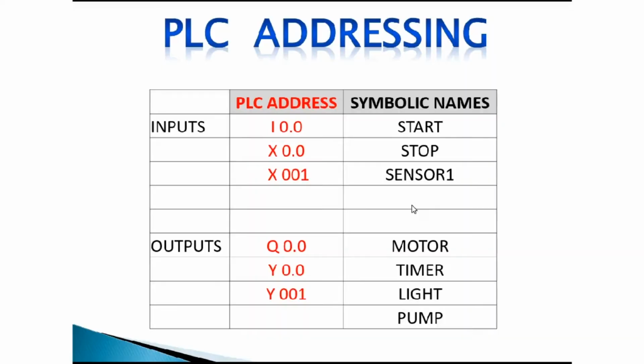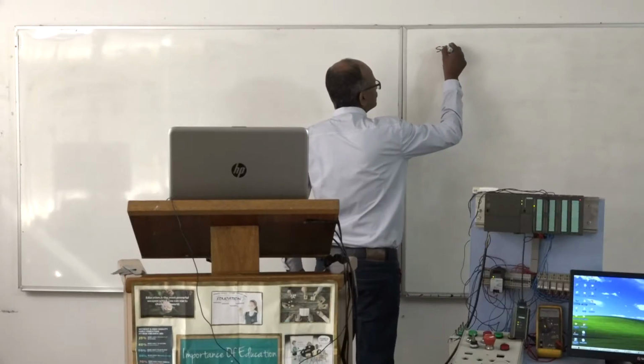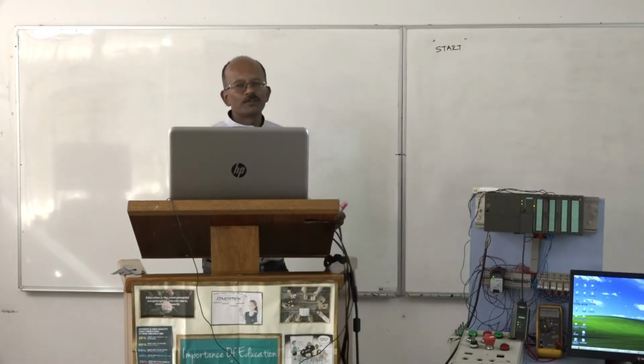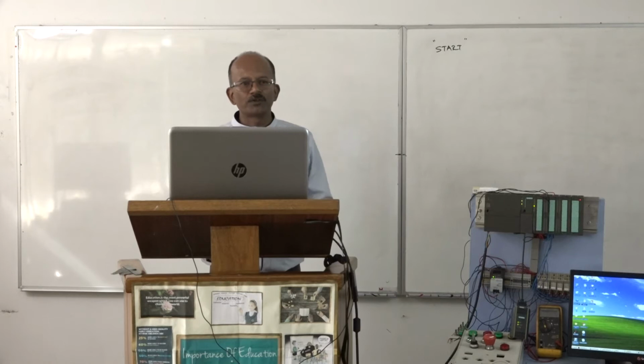All right, now that we've discussed the PLC terminology and we have a basic understanding of timers and also your output contactors or your output coils, as we refer to them, let's look at PLC addressing. Now, your PLC itself does not understand the word start or stop or sensor 1, etc. All right, so if you had to program the word start into a PLC, it wouldn't know what you're talking about, all right?